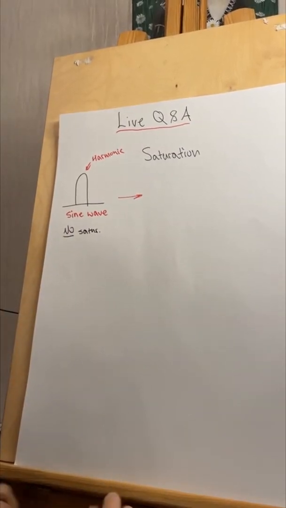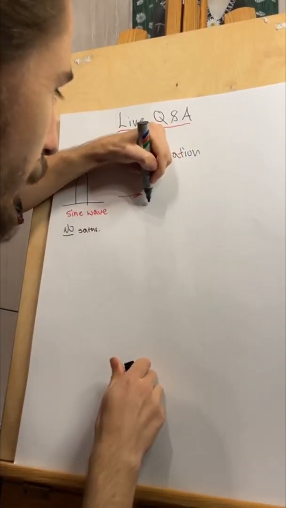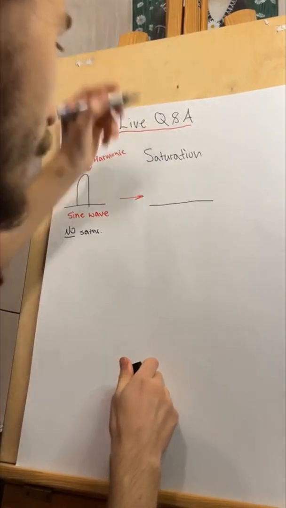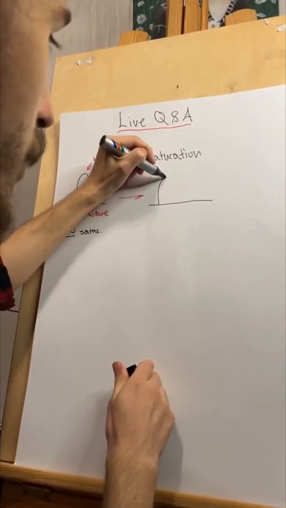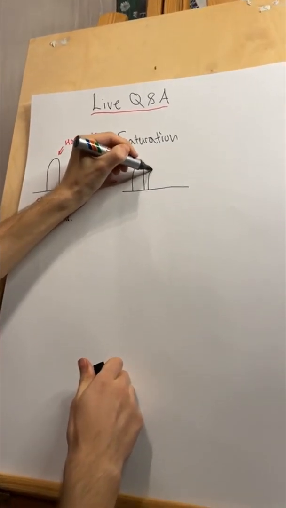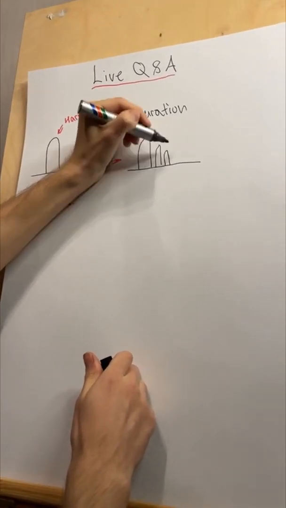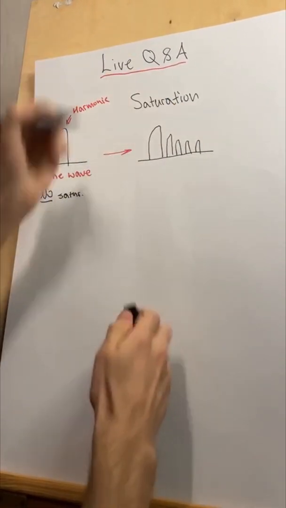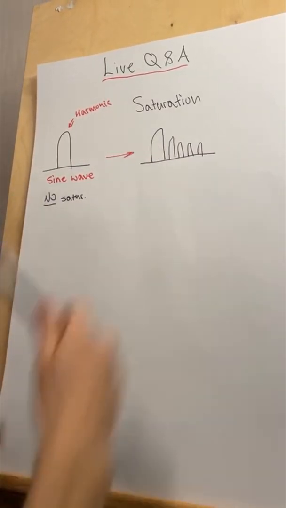Now, guys, take a look. It's going to look like this. We're going to have the main harmonic, just like this, and after that, we're going to have other harmonics. So this is what saturation does to your sound.